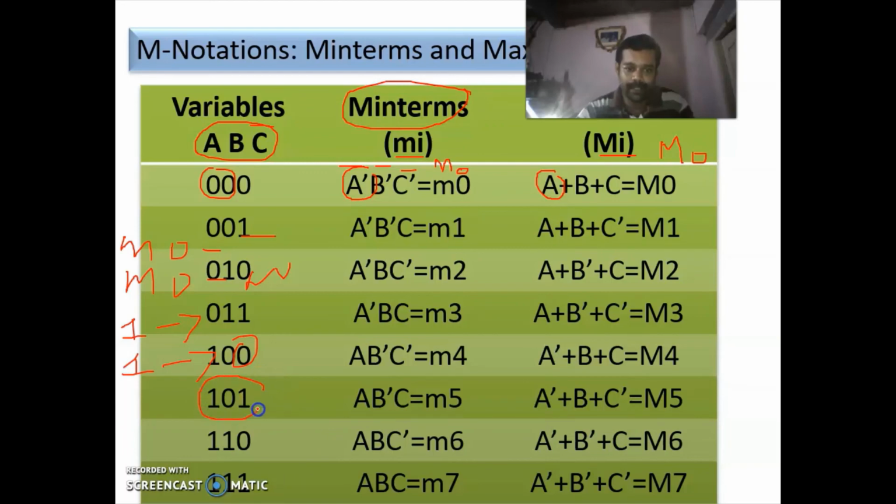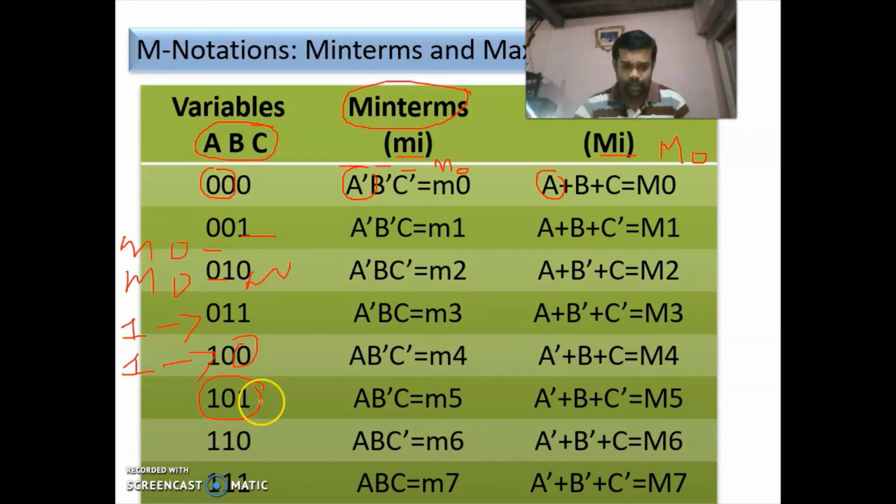Consider 5. In a min term we write small m5, which means A, B bar, C. But in the case of a max term, you use capital M5, and how you write it: for 1 you put 0, so it is A bar, then B, then C bar.